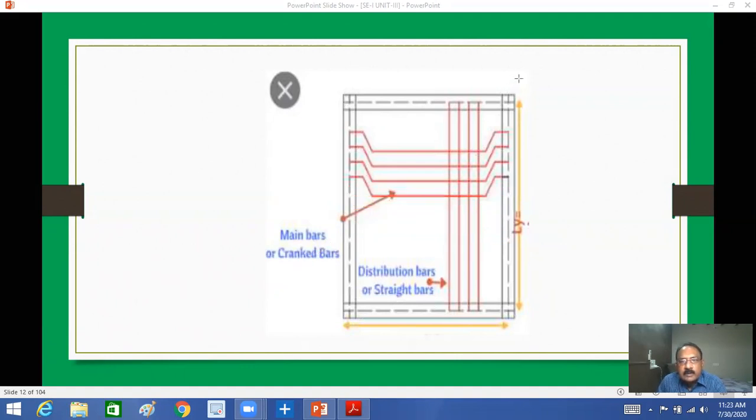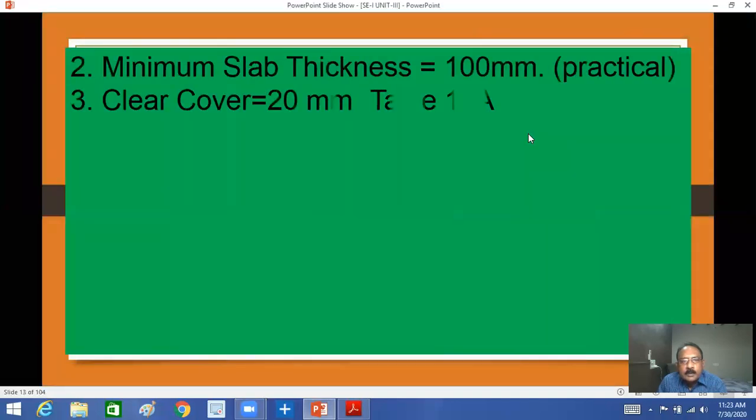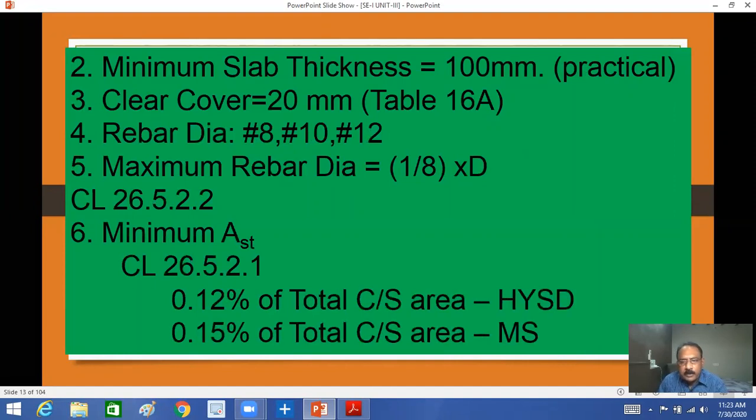This is a one-way slab. These are very important points in designing your one-way slab or two-way slabs. The minimum thickness of the slab is generally 100 mm.